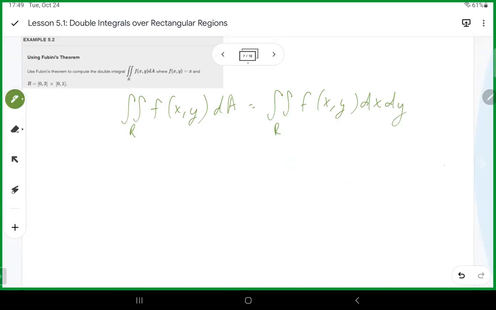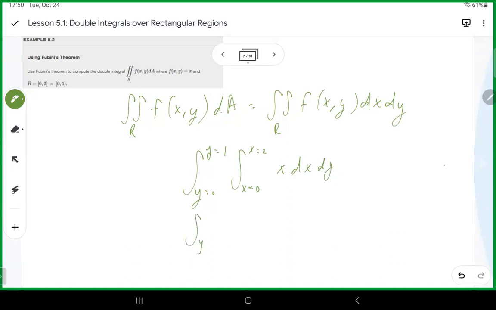So then we're going to go from y equal to 0 to y equal to 1, and then x equal to 0 to x equal to 2, x dx dy.